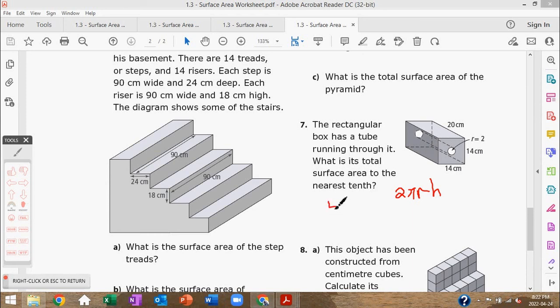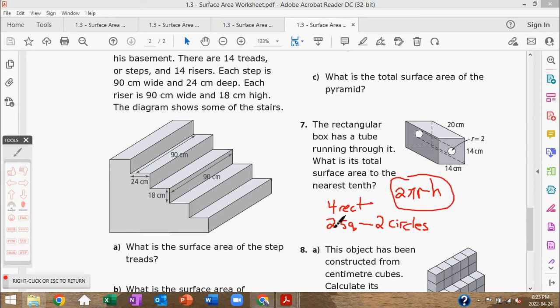So again, we will have 4 rectangles. We're going to have 2 squares minus 2 circles. And we're going to have this 2 pi r h, the inside of the tube.